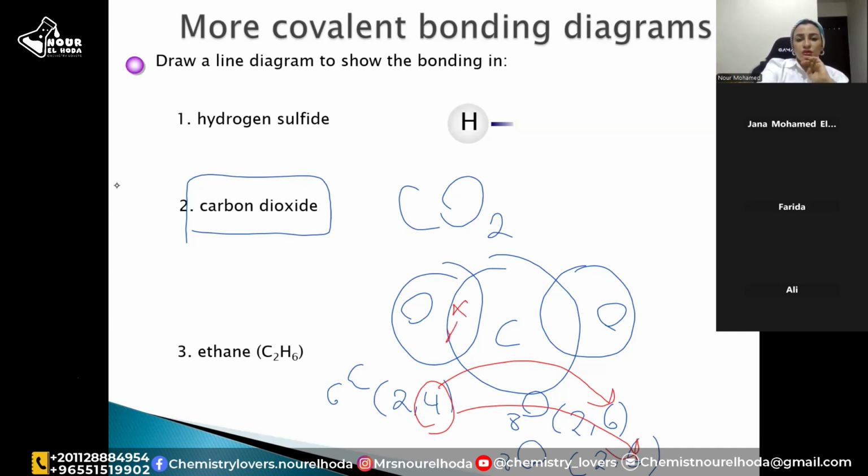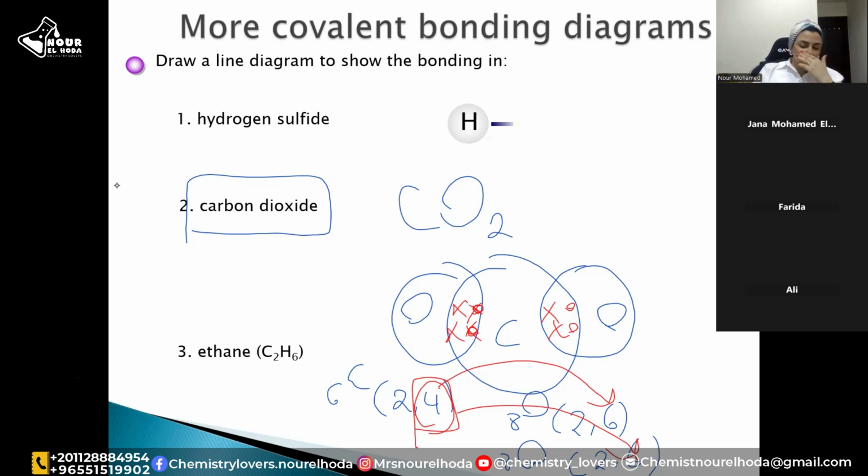I'm going to put 2, 2 like this. You can put different symbols. Why did I put 4 and 4? Because carbon has 4 in the outer shell, so I need 4 more to be stable, so I will share by 4.